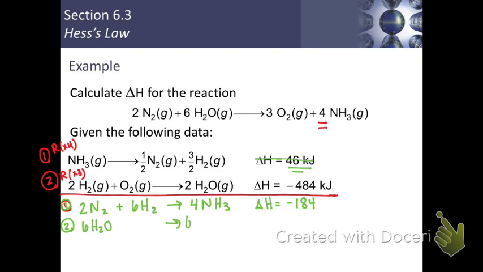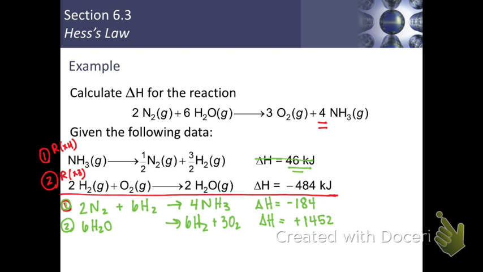That would go 6 H2 plus 3 O2. My delta H value would then become positive 1452. How are we feeling about that so far? Does it make sense, the puzzle that we put it through?